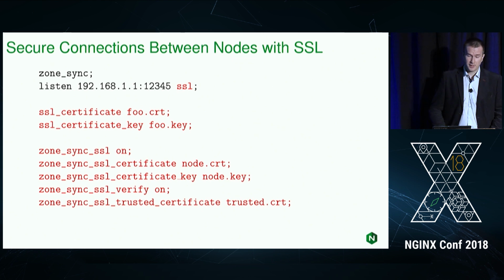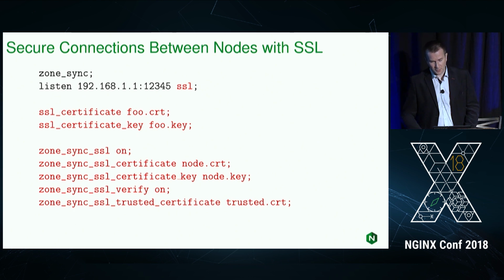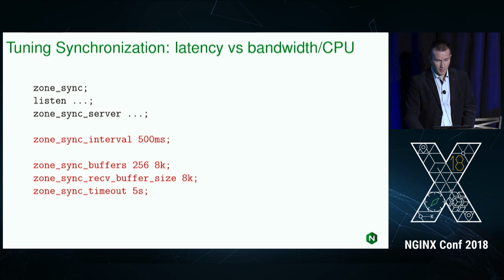And for client connections, we have zone_sync_ssl prefixed directives that are analogs of those you can find in the proxy module. So everything you have about SSL in NGINX is supported here, like certificate verification and so on.